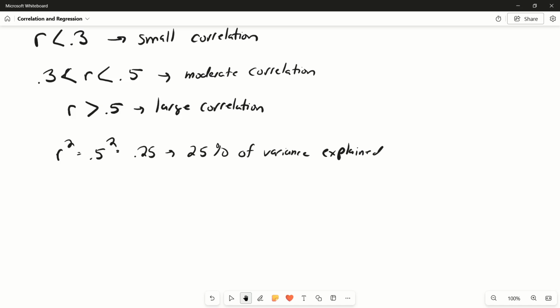Now let's look at how we compute R to begin with. If you look at the formula sheet, we know that Pearson R is equal to SP.